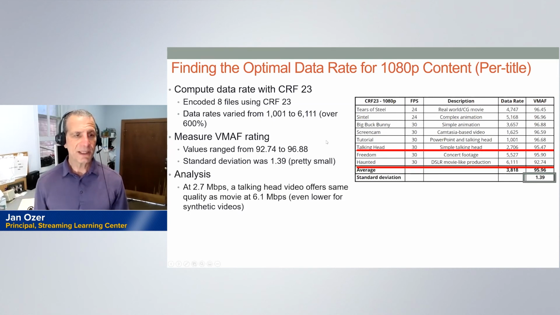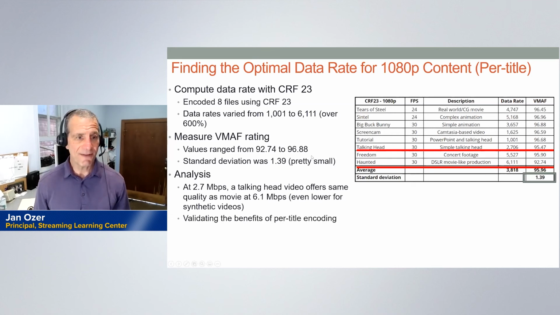With a talking head, I can use half the bit rate and get pretty much the same VMAF score as a haunted house type video, which for me validates the benefit of per title encoding. If you're using a fixed bit rate ladder for a range of input sources, then you're either wasting bandwidth on one hand, not delivering sufficient quality on the other hand, or some measure of both.